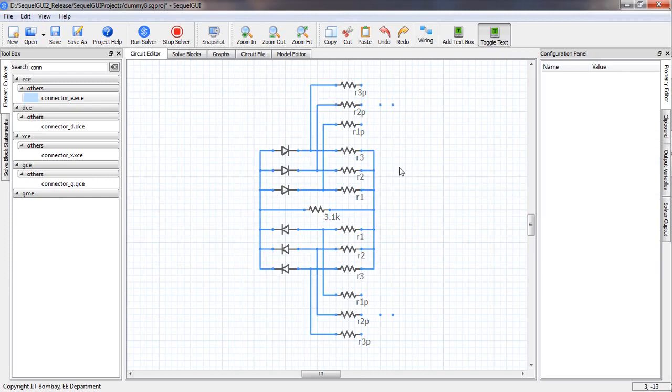Alright, so this is what we have got after some of the wiring is completed. And now we need to connect these 3 nodes together, and that should go to VCC. We also need to connect these 3 nodes together, and that should go to VEE. So let us do that.